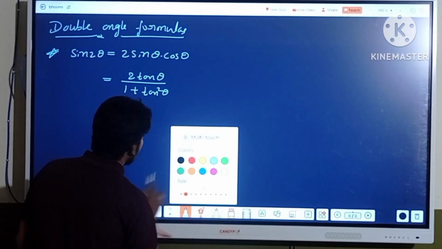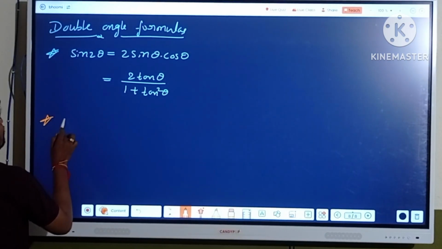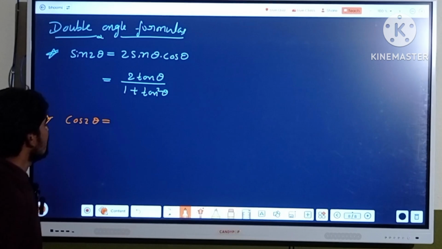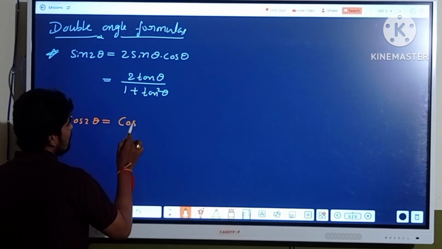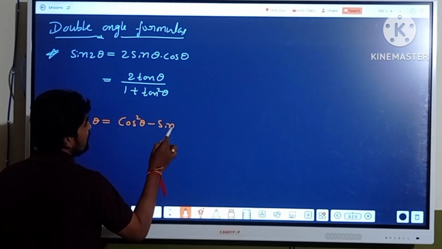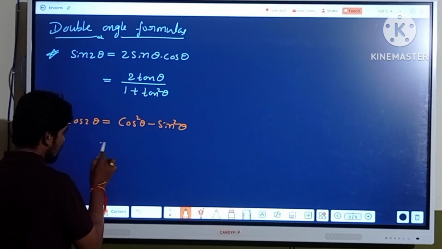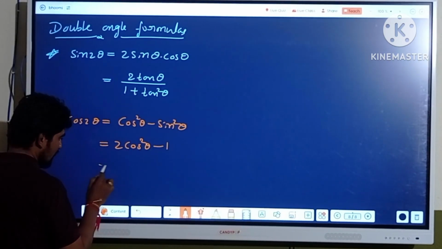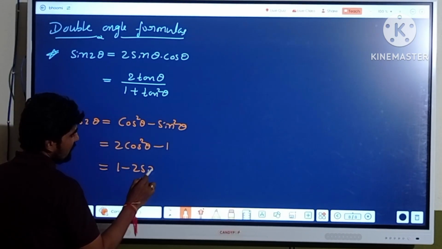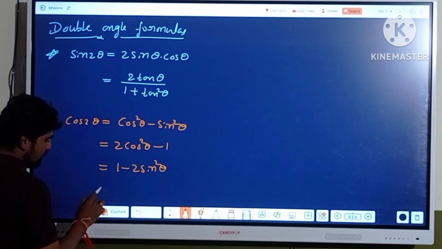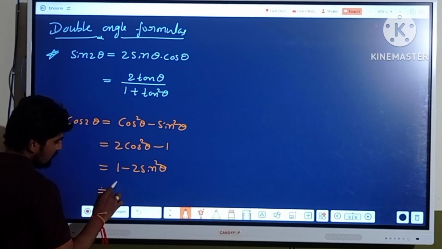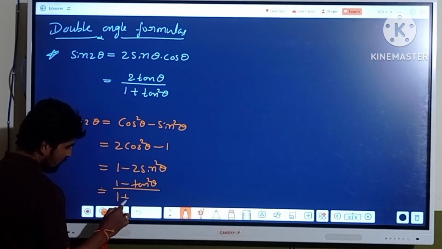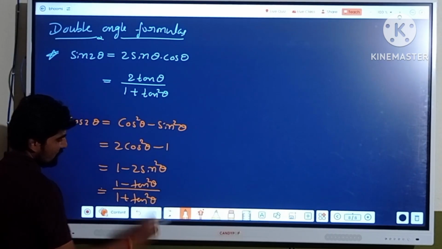And the next one, the formula for cos 2 theta. Here we have four formulas. Among that, the first one is cos square theta minus sin square theta, the second one is 2 cos square theta minus 1, the third one is 1 minus 2 sin square theta, and the fourth one is 1 minus tan square theta divided by 1 plus tan square theta.